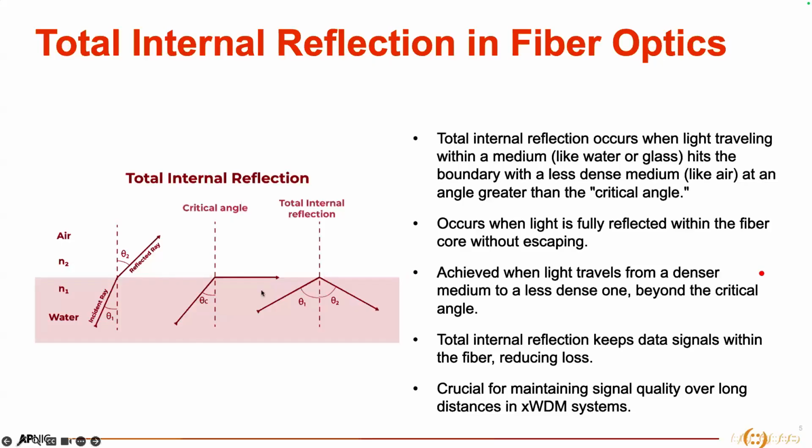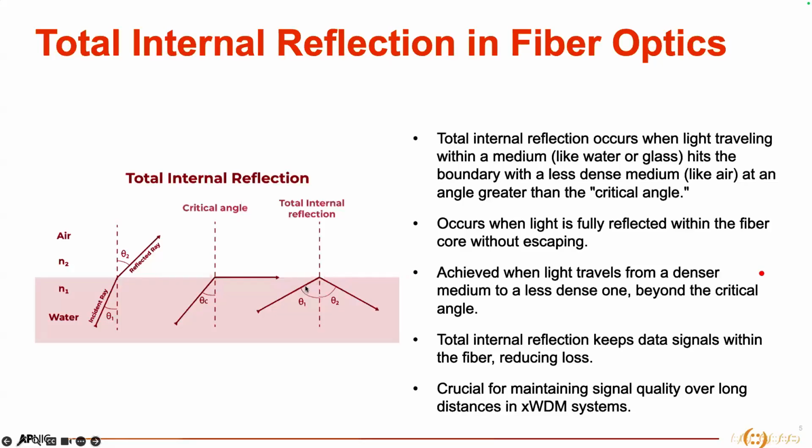As you can see in this diagram, here the refracted ray is at 90 degrees with this perpendicular line, right? And this angle of incidence is called the critical angle.